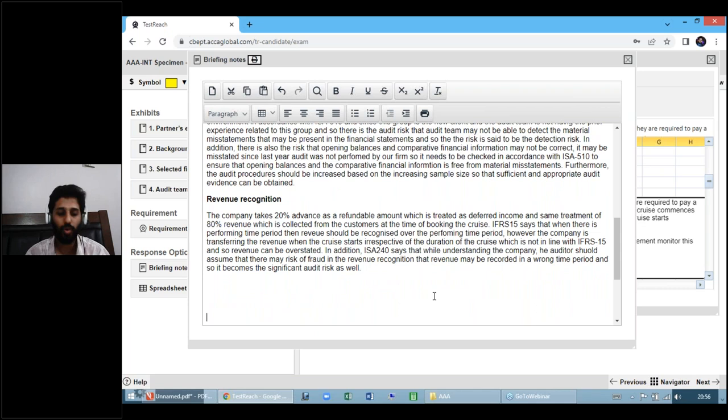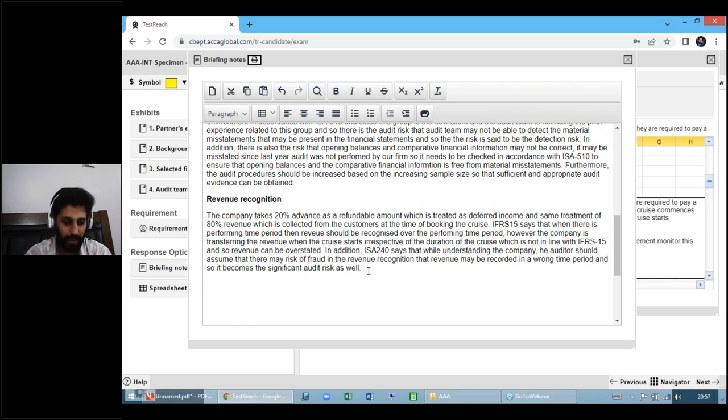All right, so this is the revenue recognition. You are not supposed to write the complete name or the complete number of ISA and IFRS as well. If you know that, write it; if you don't know, then simply write the treatment. And so it becomes a significant audit risk as well.